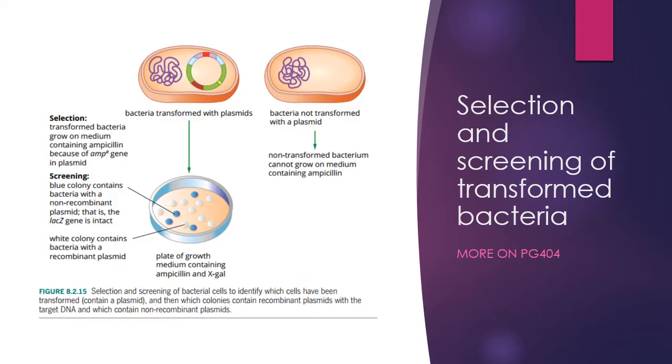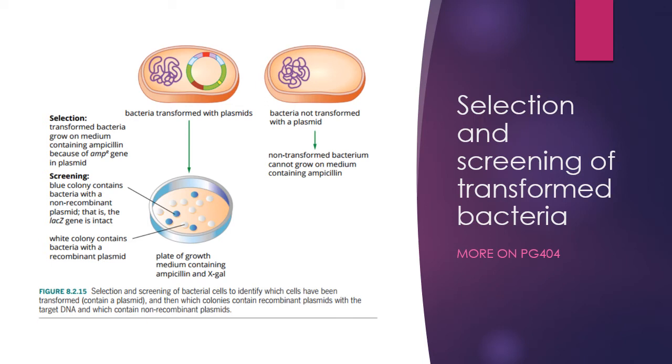This is just another diagram showing the selection and screening of transformed bacteria. They've used a particular gene with their gene of interest that's going to come up as a different color. So you're going to get white indicating a recombinant plasmid and blue indicating non-recombinant plasmid, so it hasn't worked properly.